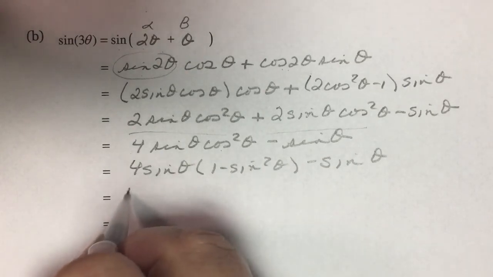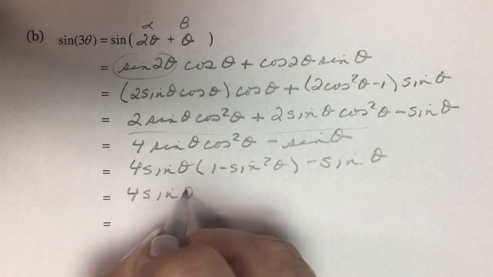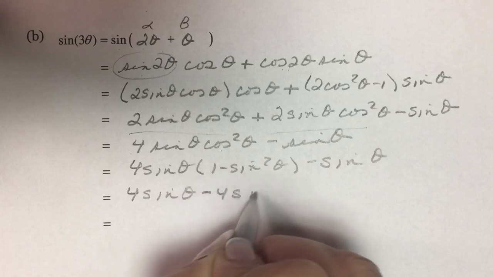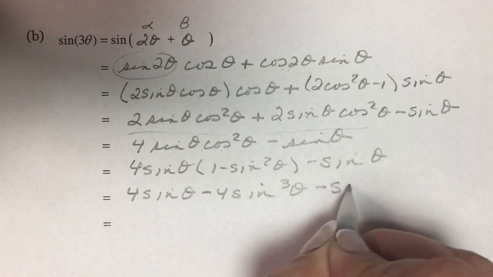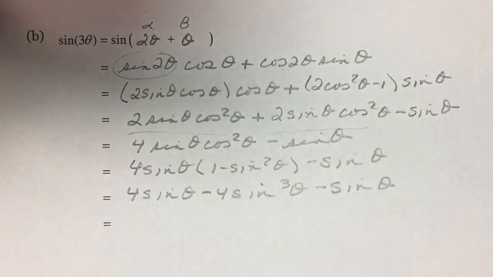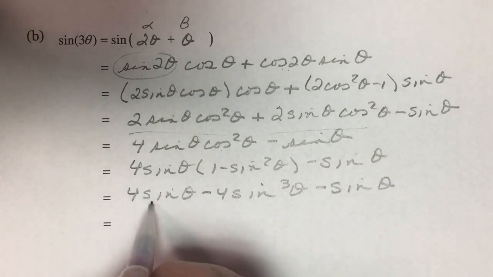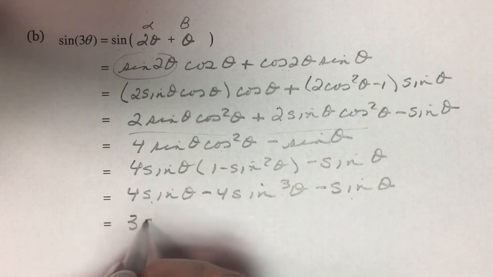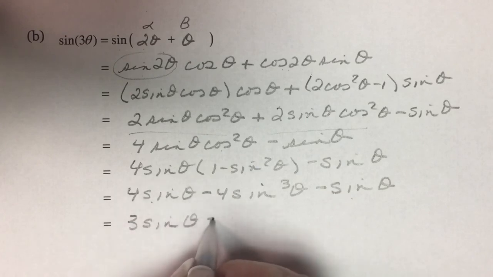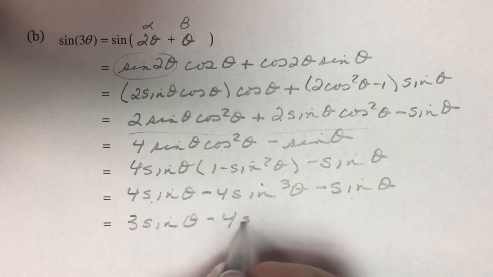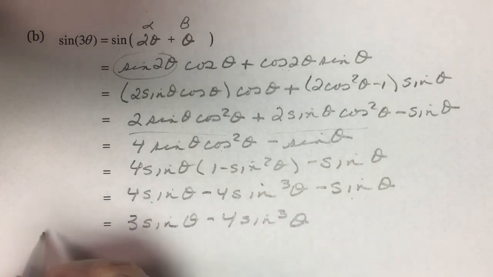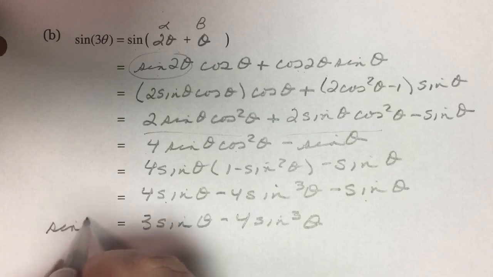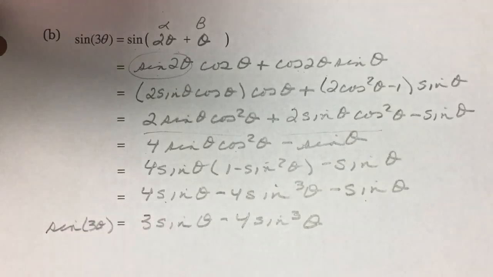So if I distribute here, I'm going to get 4 sine theta minus 4 sine cubed theta minus sine theta, which if I combine these as like terms, I'm going to get 3 sine theta minus 4 sine cubed theta. And that is actually an identity for sine of 3 theta.